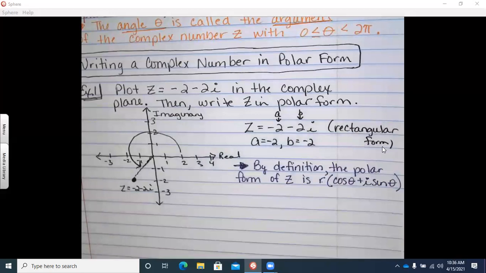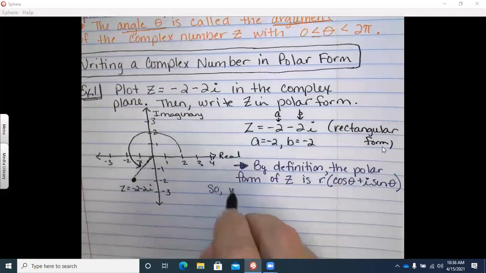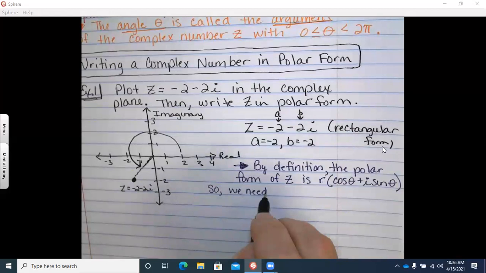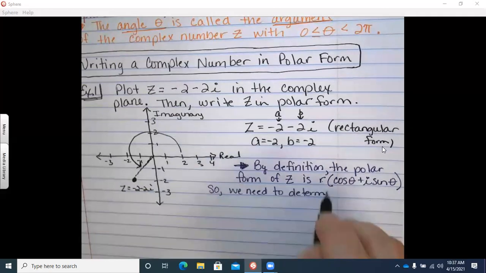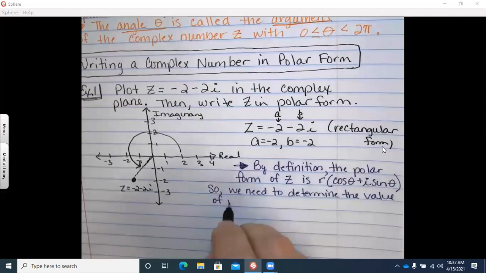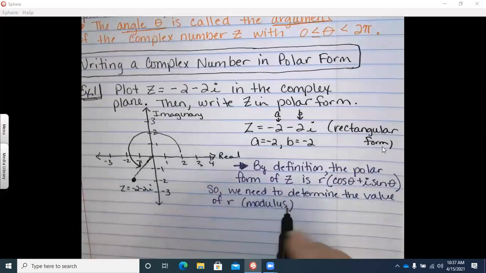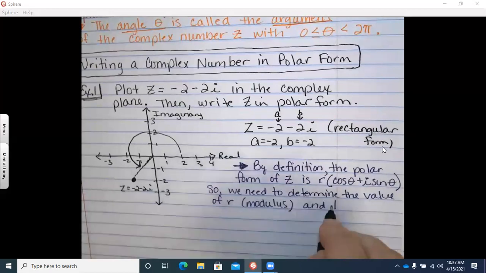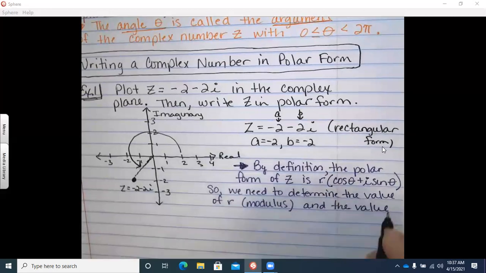So we need to determine the value of r, which again is the modulus, and the value for theta, which again is also referred to as the argument.